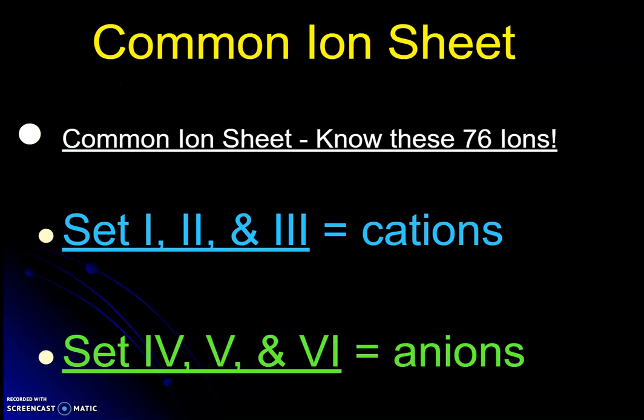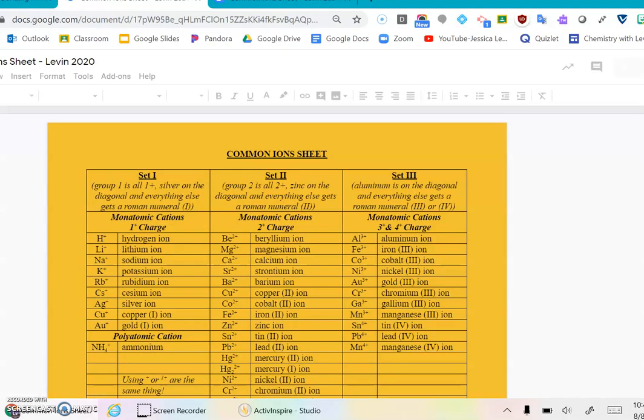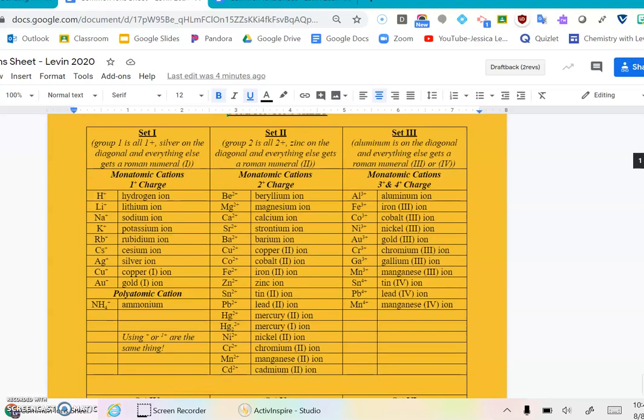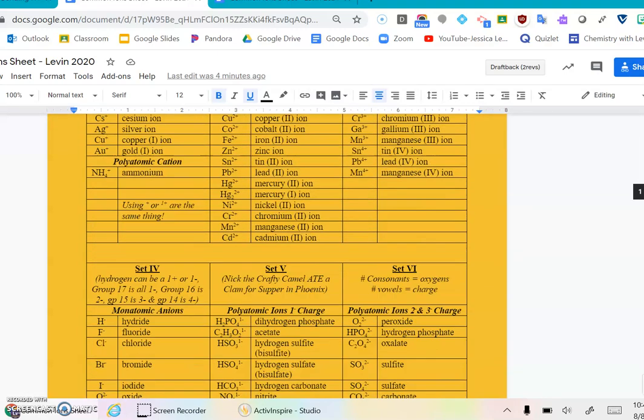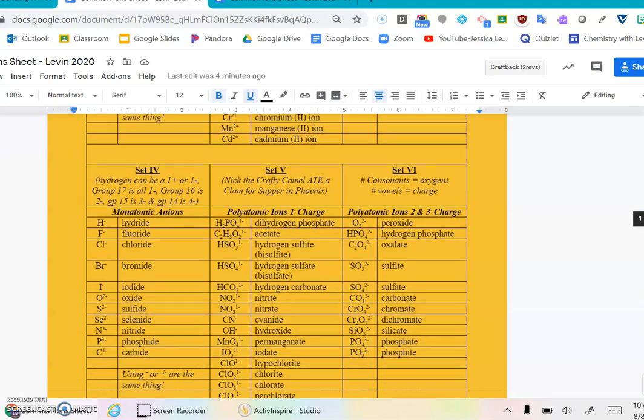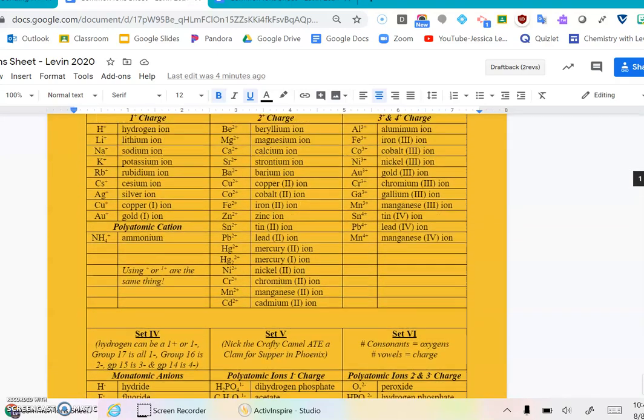All right, so you should have received or find a link to the common ion sheet. If we click on that, you'll see it is this awesome gold colored sheet. You'll see that there are 6 different sets, and it tells you exactly how to memorize each one of them.